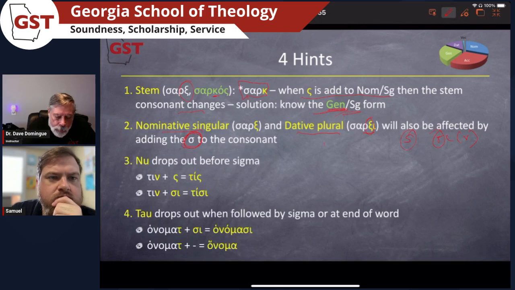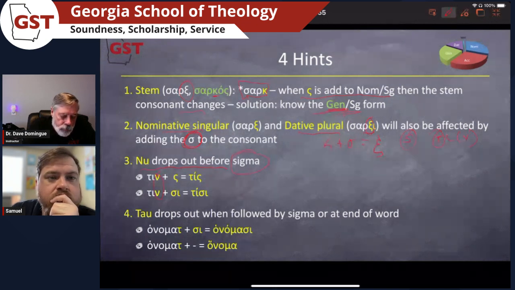In this case, it's a kappa plus the sigma equals the xi. And that's what happens. The nu is going to drop out when it comes next to the sigma. So here the nu, in both cases, here's the nu with the sigma in the nominative singular and the dative plural, because they occur in both places.